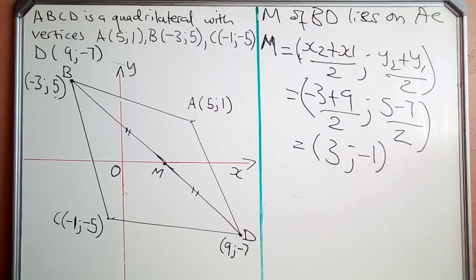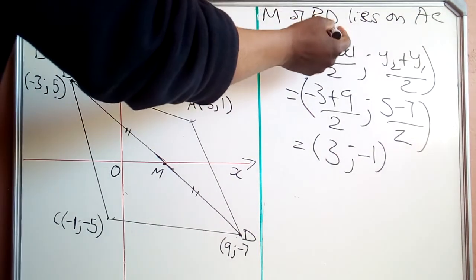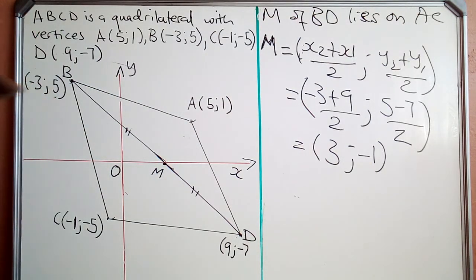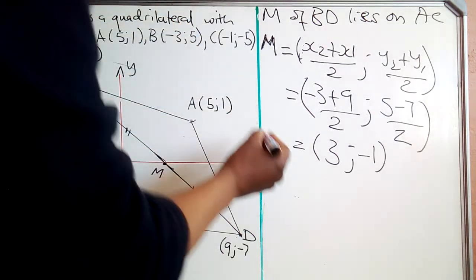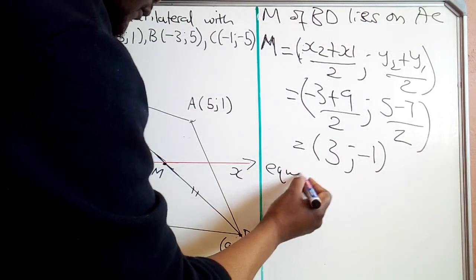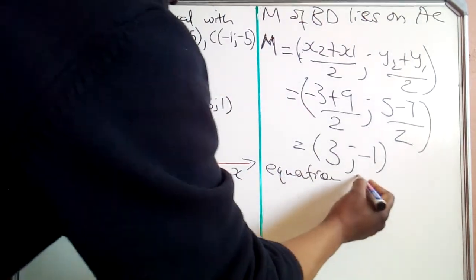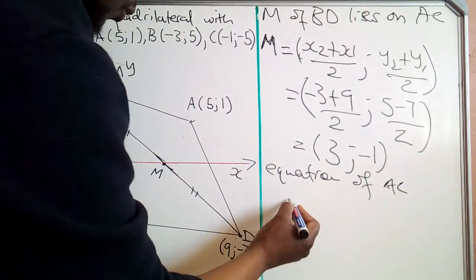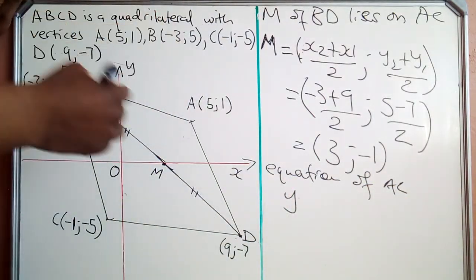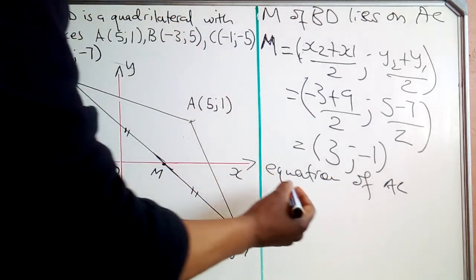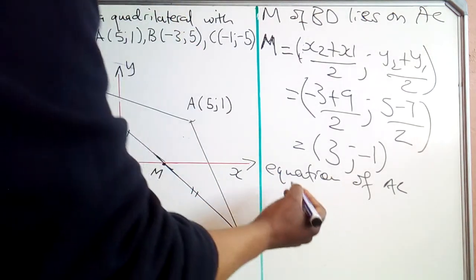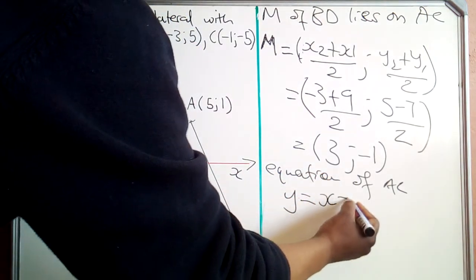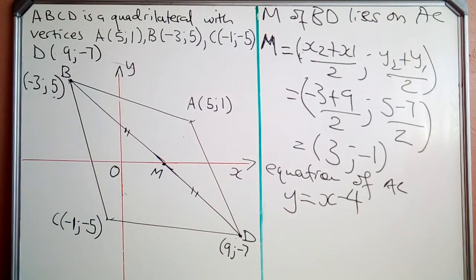Now we want to prove that the midpoint of BD lies on AC. What we can use is the equation of the line AC. The equation of AC, the one that we just calculated in the previous question, is y equals x minus 4.